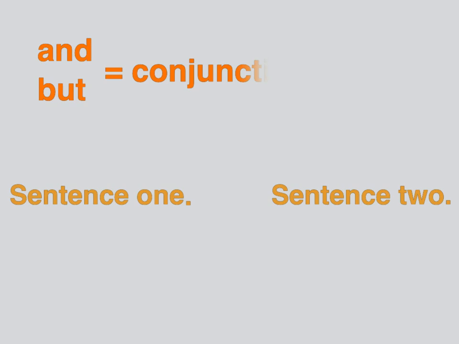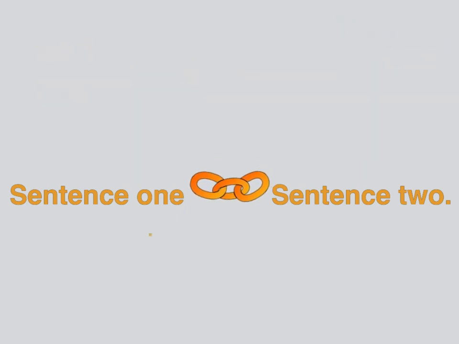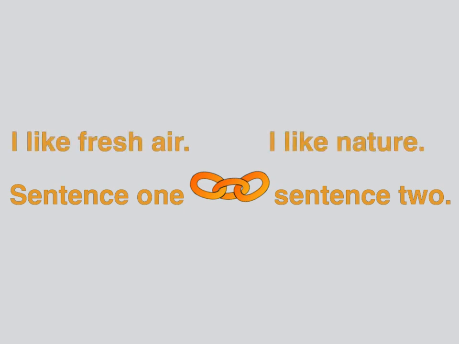And, but are conjunctions, and a conjunction is a joining word. It joins two short sentences to make one smooth sentence. For example, here are two very short sentences. But they would be more natural if they were connected.